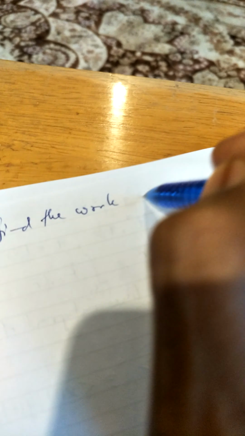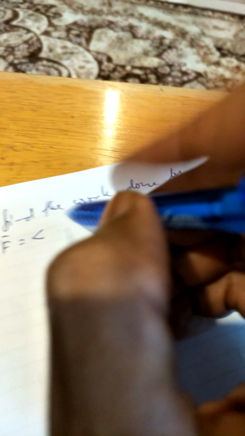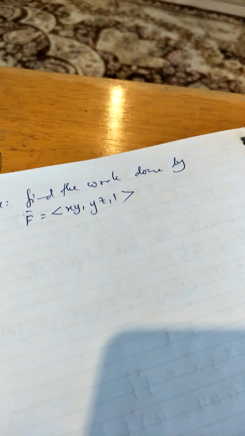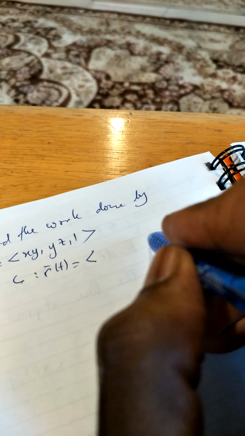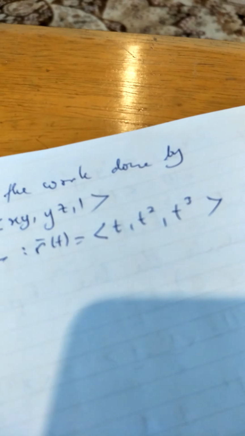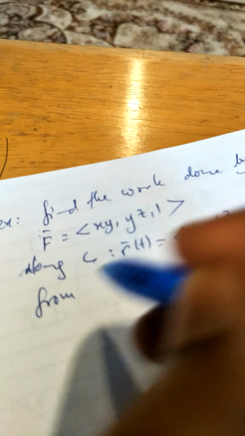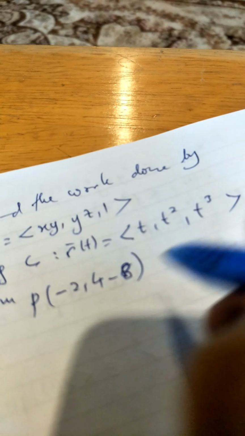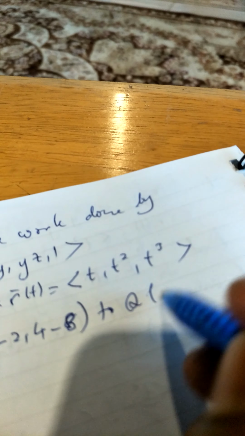Okay, find the work done by F, where F is given as xy, yz, and 1, along C, where C, r(t), is given as t, t squared and t cubed, from P (minus 2, 4, minus 8) to Q (1, 1, 1).